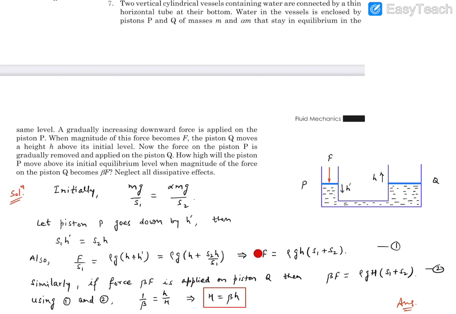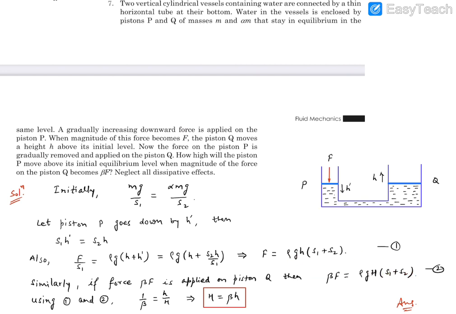The force applied on one piston is equal to rho g, the height rising on the other side, into the sum of the cross-sectional areas. So beta F is equal to the density of the liquid, g, and the height on the other side, into cross-section S1 plus S2.